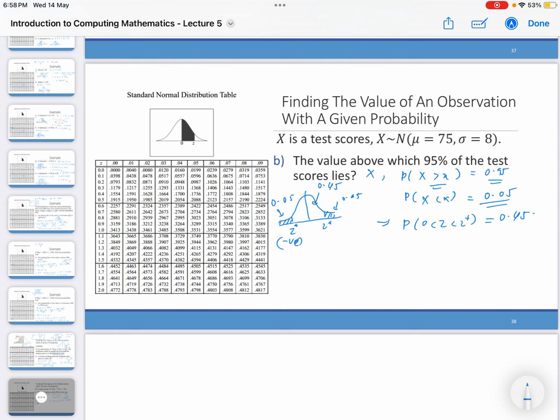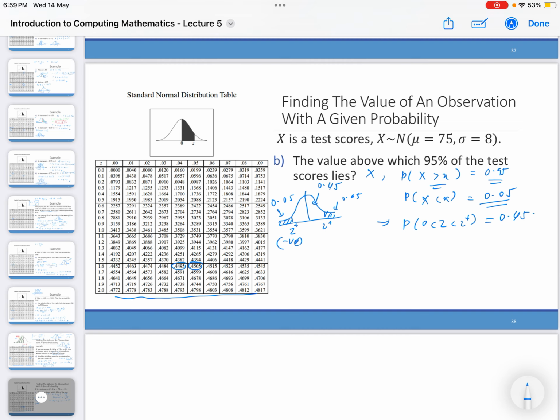Okay, and then we look at the table. We find the probability inside the table closest to 0.45. If you look at this, we have two closest ones.